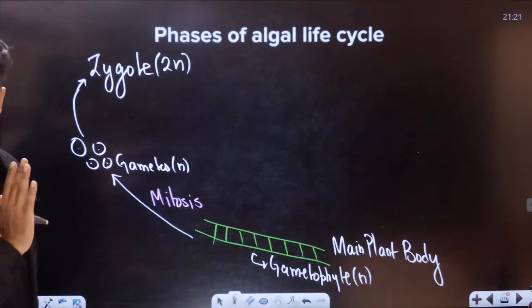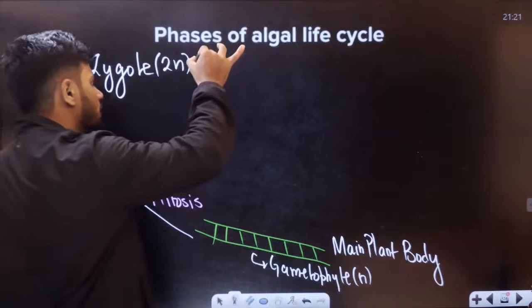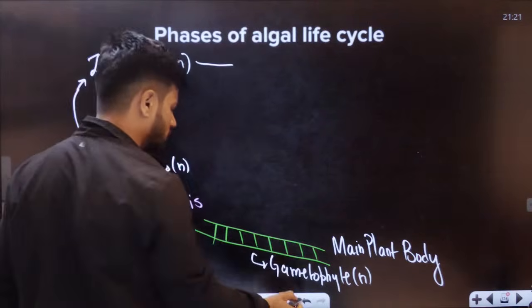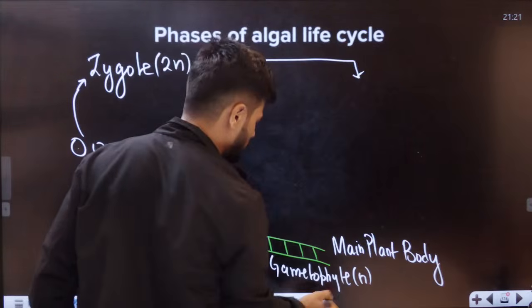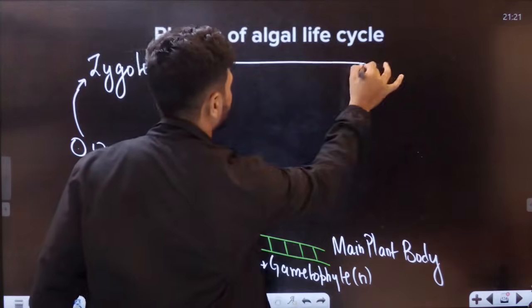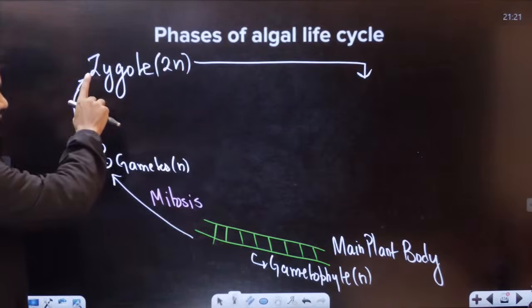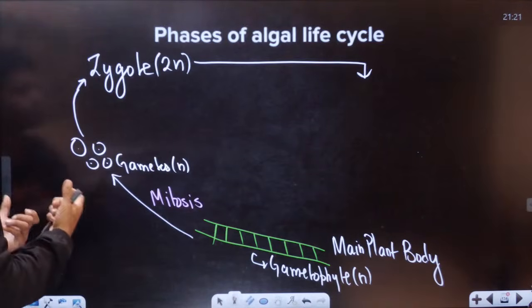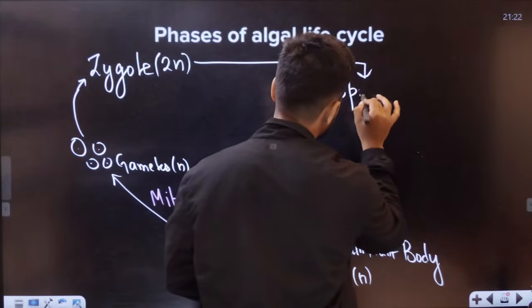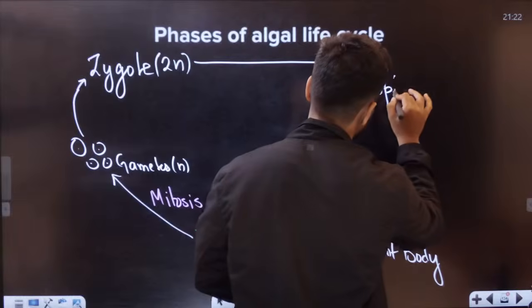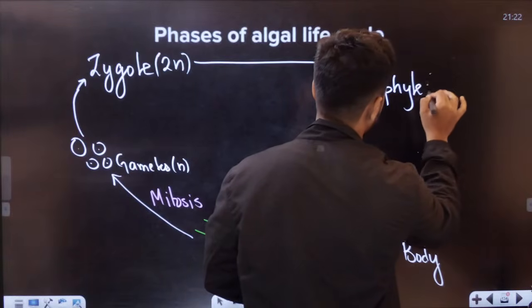Now this zygote will undergo division and give you one diploid structure, called a sporophyte, which is again diploid.